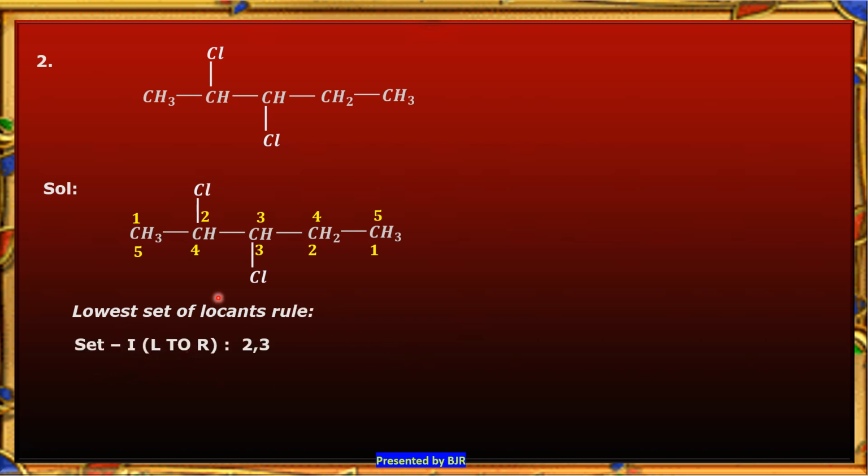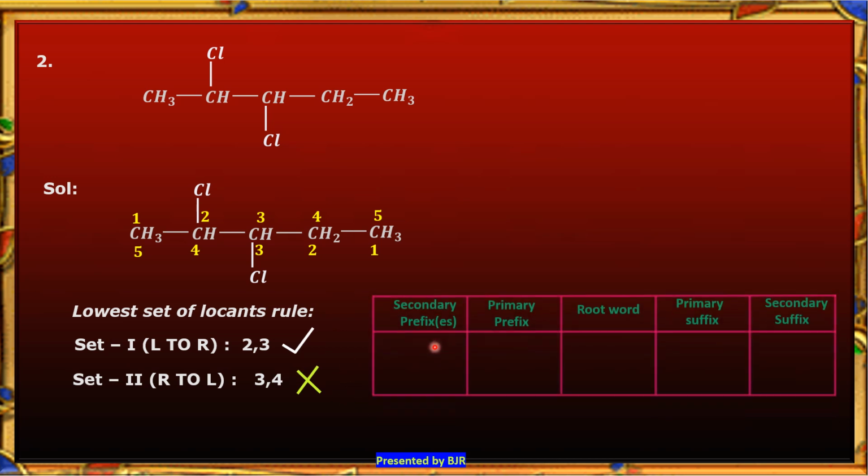Set 1, left to right: the second and third carbon atoms are bearing the substituents, chlorine atoms. Set 2, from right to left: the third and fourth carbon atoms are bearing the substituents. So 2 is less than 3, so set 1 is lower than set 2. So this one is the correct numbering, this one is the wrong numbering.